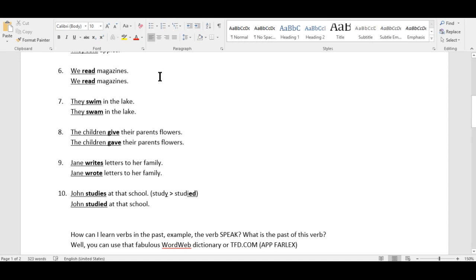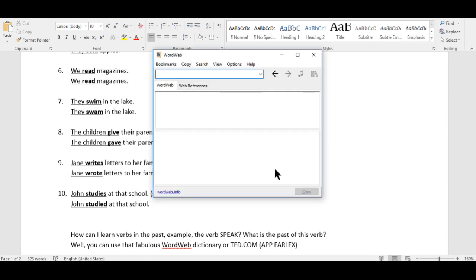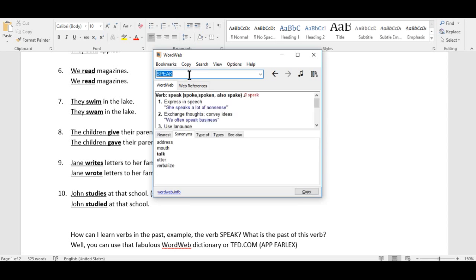Right here, look, I'm going to start my dictionary. I'm going to write here, speak. You see? Speak, spoke. The first verb you have right after is the verb that you want. Forget, this is spoken, is participle. It's something we'll study in the future.